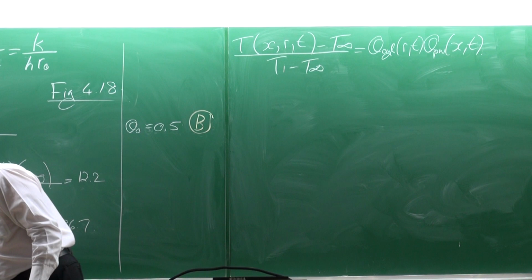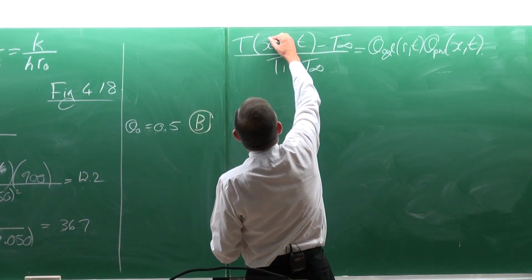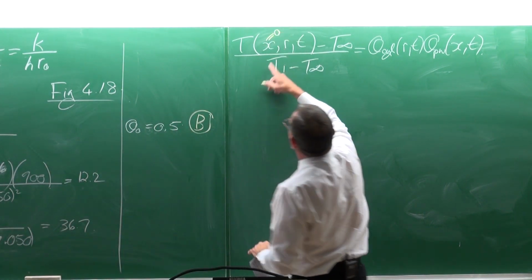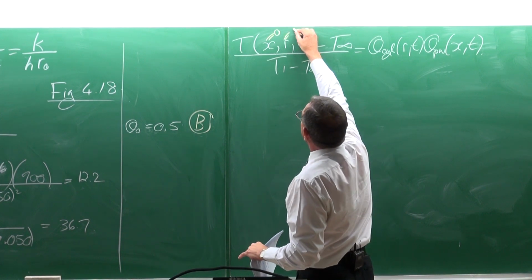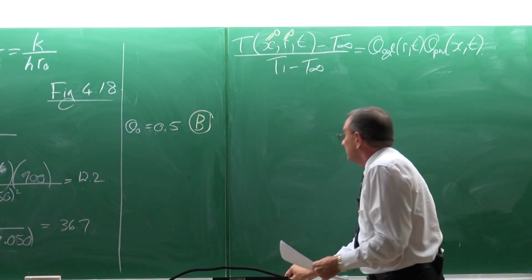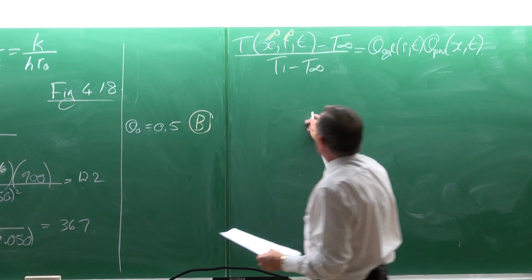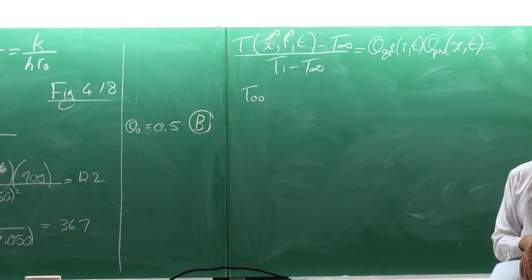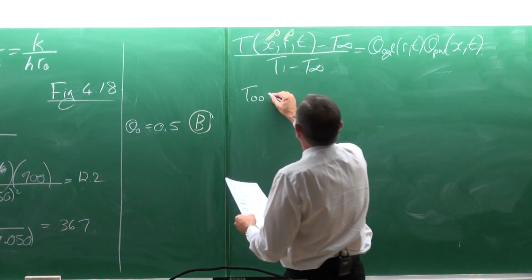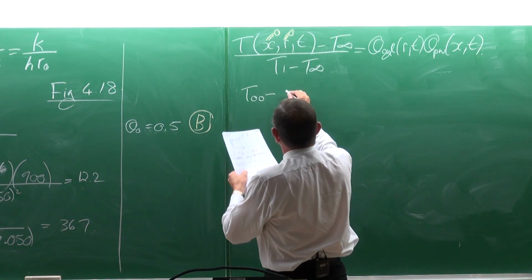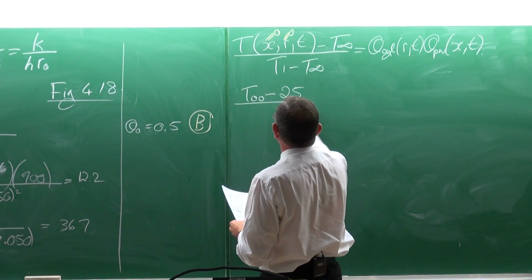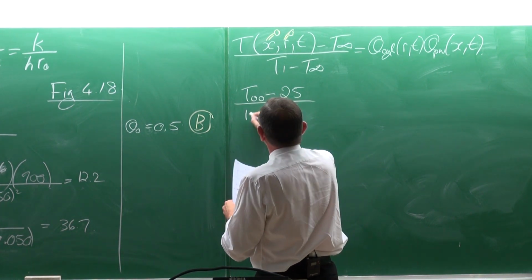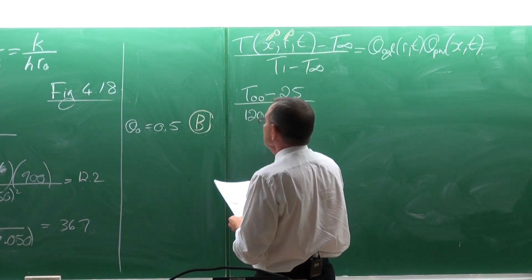Okay, so in it, we want to know what the solution is going to be when x is equal to 0 and when r is equal to 0. That is why I'm going to call that T00. Minus that of the environment temperature, which is 25. The initial temperature is 120.